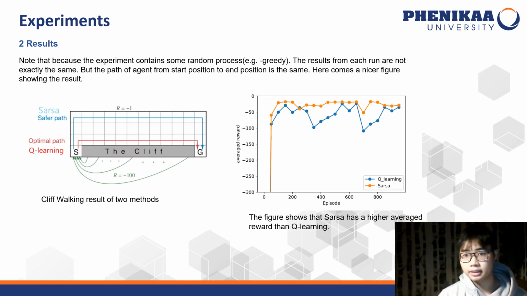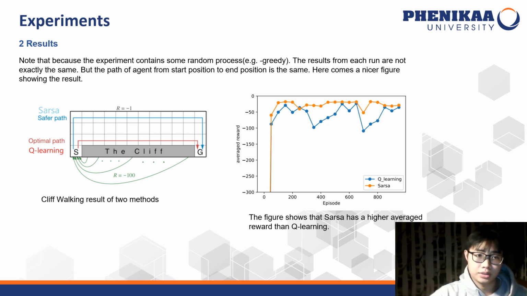We know that this is because the experiment has some randomness, and the results for each run are not exactly the same. But the path formation from start position to end position is the same.